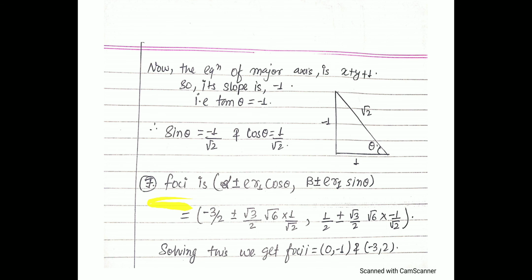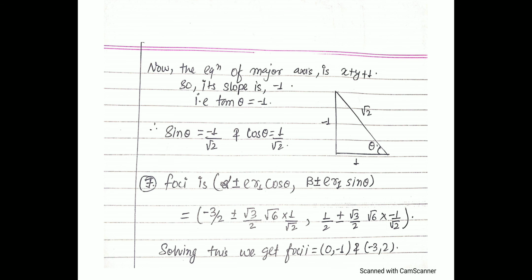So let's find foci. That is, foci is alpha plus minus e times r1 cos theta, comma beta plus minus e times r1 sin theta. Now putting the values and solving, we get foci equals (0, -1) and (-3, 2).